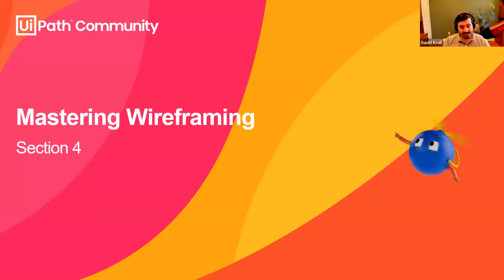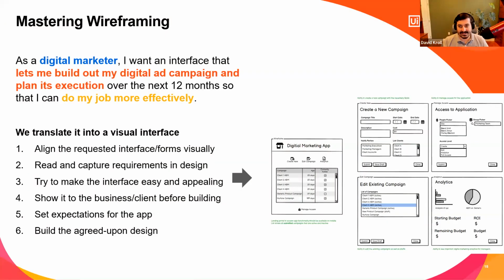So now that you've seen that overview of wireframing, how do we master wireframing in our projects? How do we apply that? So let's look at one of the use cases from earlier, which is that digital marketer who needs an application to help them manage their marketing campaigns. In this example, this digital marketer wants to have an application that helps them do their job more effectively.